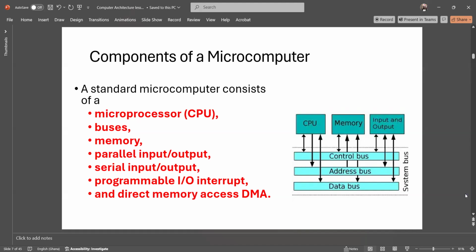Back to what we are doing. Whenever we have a computer, if we are taking the smallest computer we want to build, what are the components that we require to build that computer? We require the CPU or the processor. We require the buses because the CPU has to transmit information to other components, has to send commands to other components.